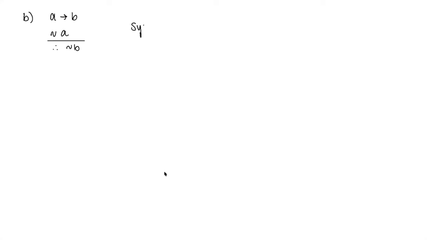So again, I want to put this in symbolic form first. We've got premise 1 and premise 2. Then our conclusion has to happen.